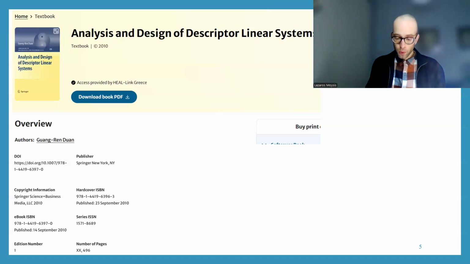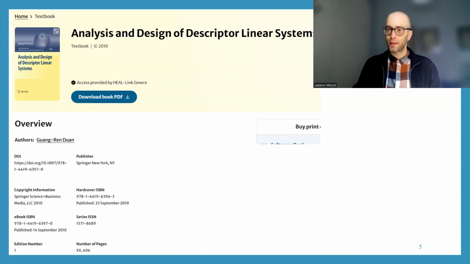So the book basically starts with a very nice introduction, giving you some examples about the modeling of descriptor systems. Because one might ask, Lazarus, come on, where do I see in practice descriptor systems? Well, the first chapter is devoted to just that, giving you examples of descriptor systems from the literature, okay, from modeling applications. And then little by little, it starts to build upon knowledge for control systems, for descriptor systems.